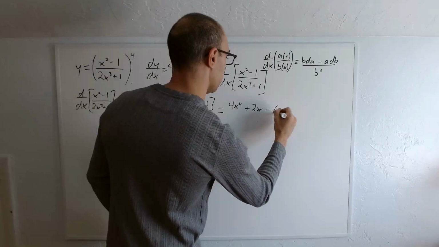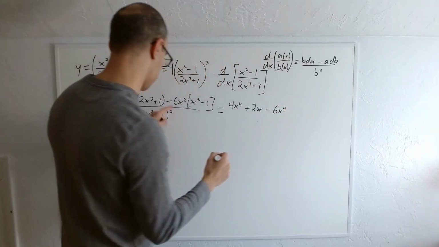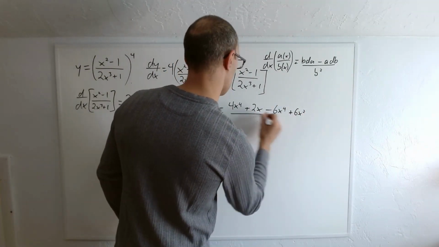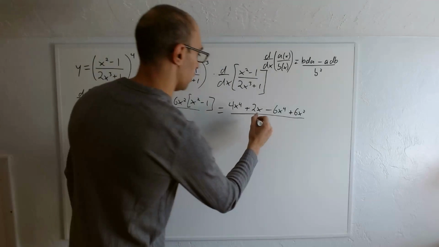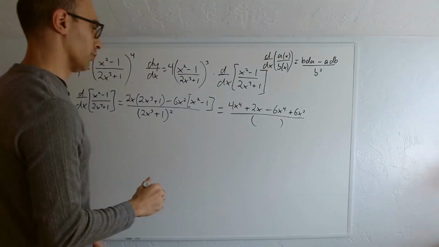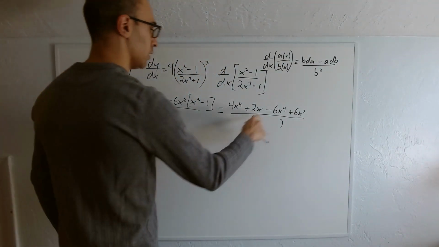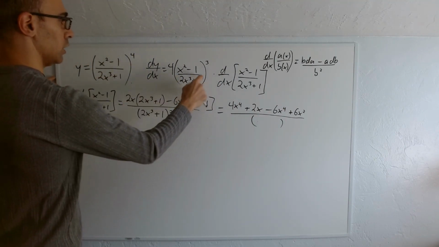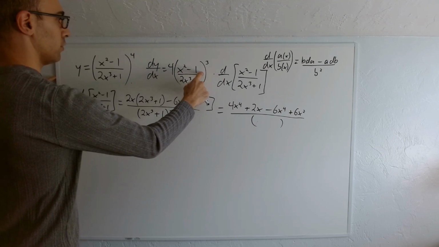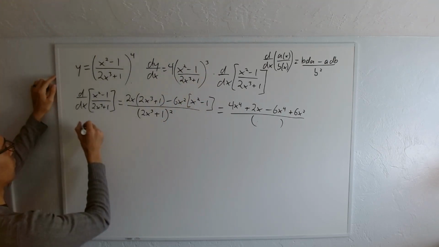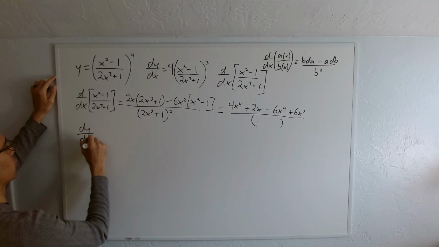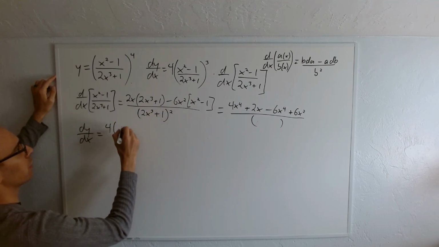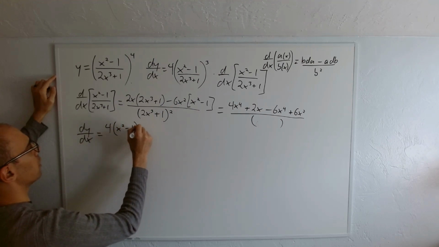So we're going to get negative 6x to the 4th plus 6x squared, and then over our little square root piece here, which I'm not going to bother writing because it's right there. Okay, let's clean that up again, and then remembering that we're going to need to multiply it by this. So let's go ahead and do that. So dy/dx is going to equal, let's do the 4 times x squared minus 1 cubed.